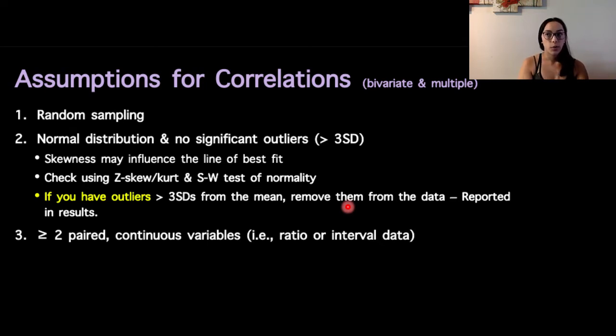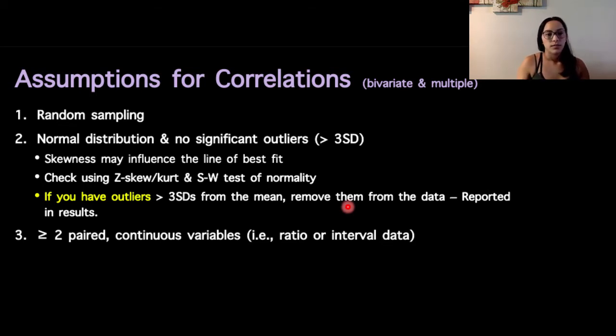I do want to point out, though, that we don't always want to remove outliers. So if you recall that a sample size of 30 typically is considered large enough to the point where we can just assume we have a normal distribution based on that sample size.